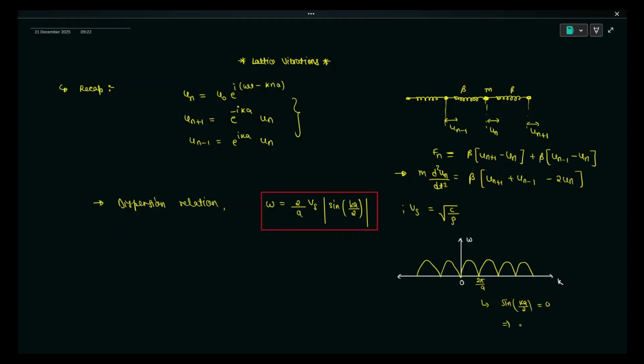This means that ka by 2 is equal to pi, meaning that the ka value is 2 pi by a, or in multiples of 2 pi by a: 4 pi by a, 6 pi by a and so on, and similarly on the negative side, minus 2 pi by a and minus 4 pi by a.